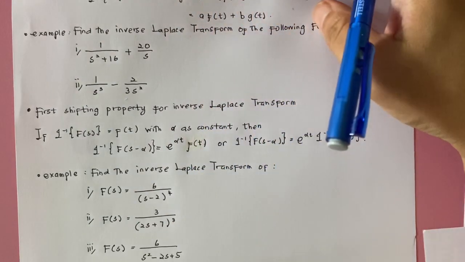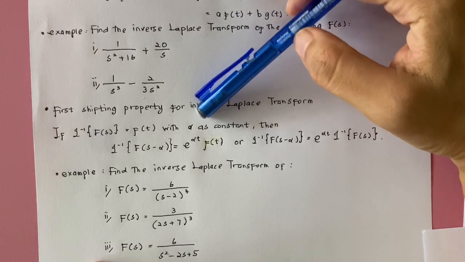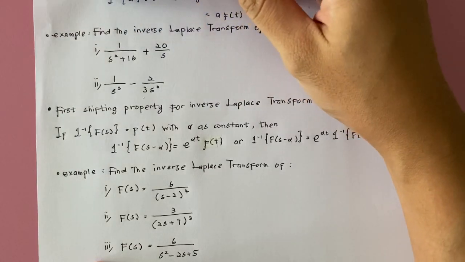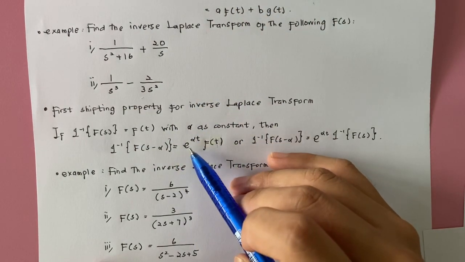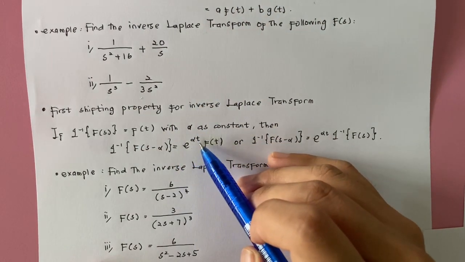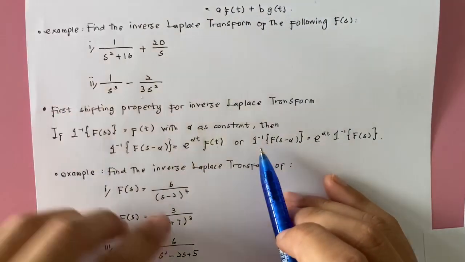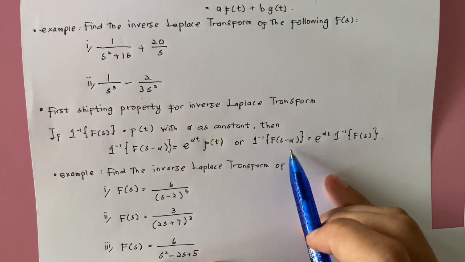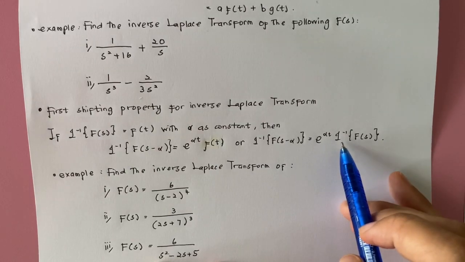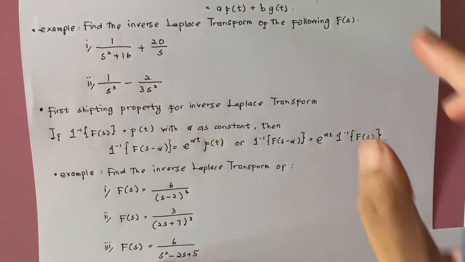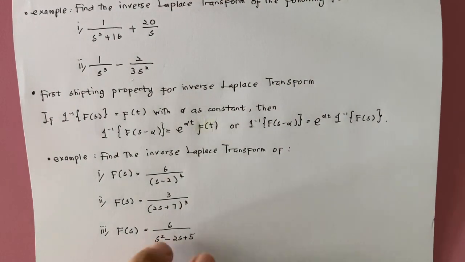If the inverse Laplace of F(s) is equal to f(t), with alpha as a constant, then the inverse Laplace of F(s minus alpha) is equal to e^(alpha t) f(t), or we can write it as the inverse Laplace of F(s minus alpha) equal to e^(alpha t) times the inverse Laplace of F(s). So for example, we have 3 examples here. Let's try the first one.